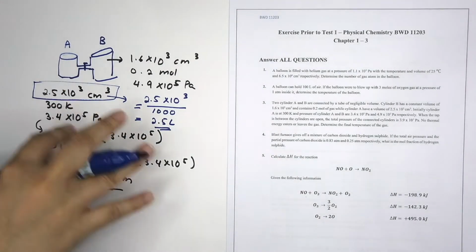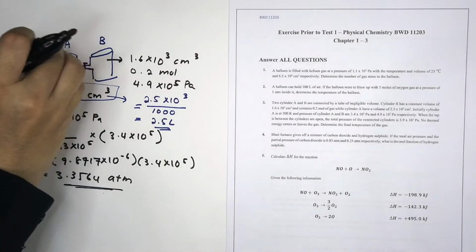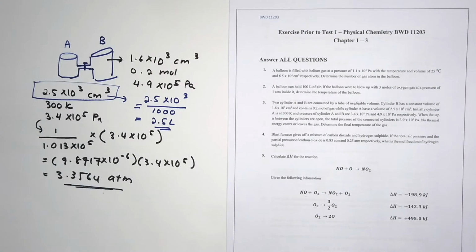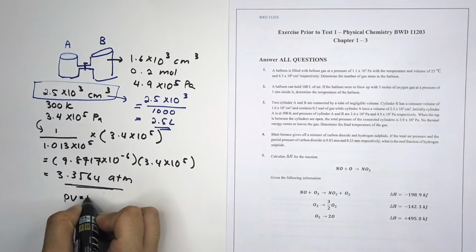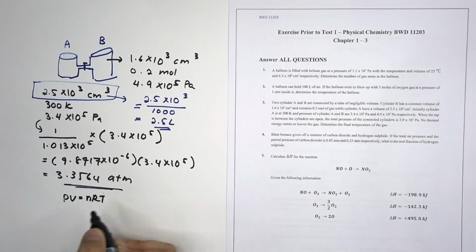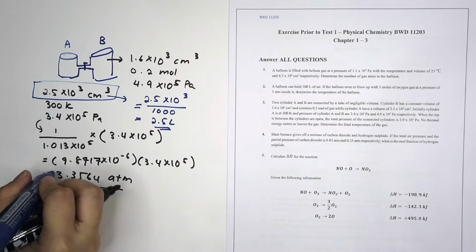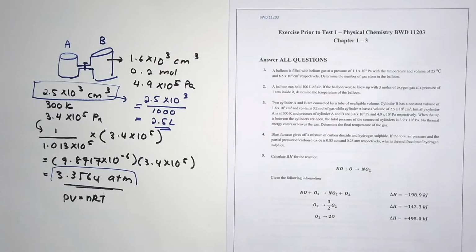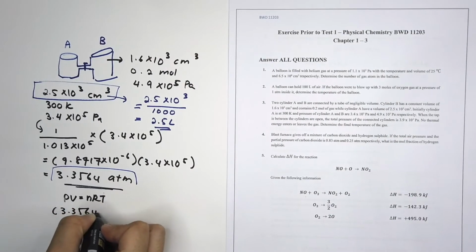From here, you actually have enough information to find the number of moles of gas inside cylinder A. We are going to use PV equals nRT. Your P is the one that you calculated just now, 3.3564.